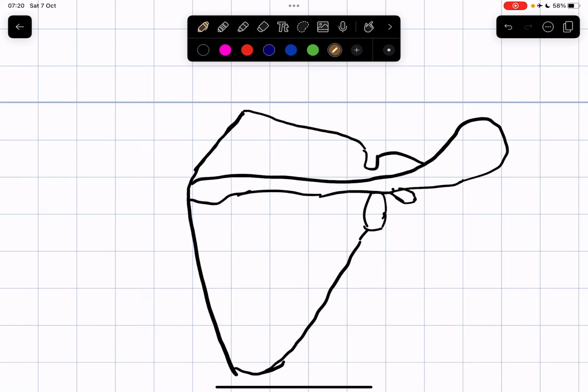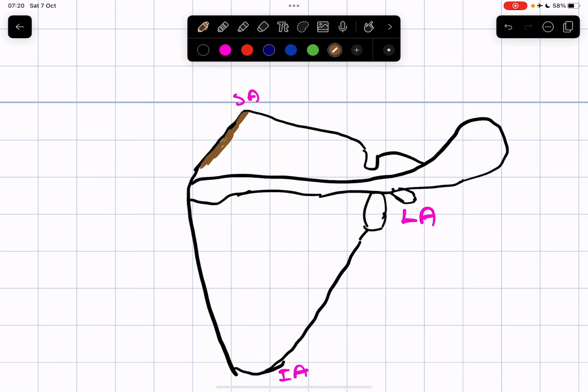Now the insertion of the first slip. We know that this is the superior angle of the scapula. This is the lateral angle. This is the inferior angle of the scapula. Now what we are looking at is the dorsal surface. Remember that the insertion is to the medial border, on the costal surface.